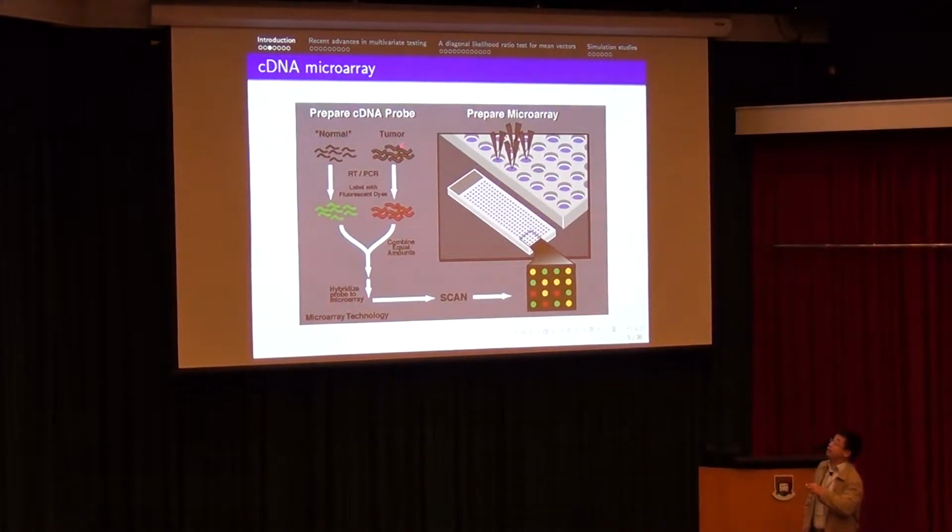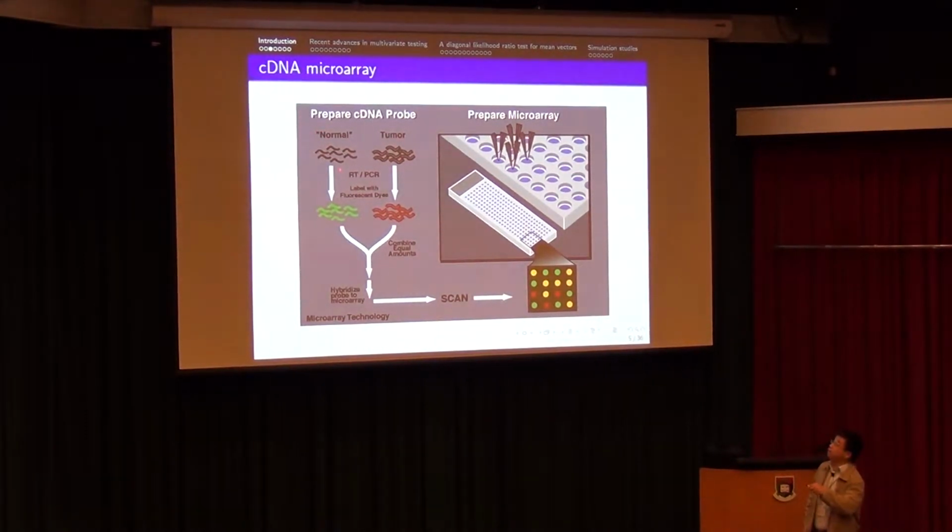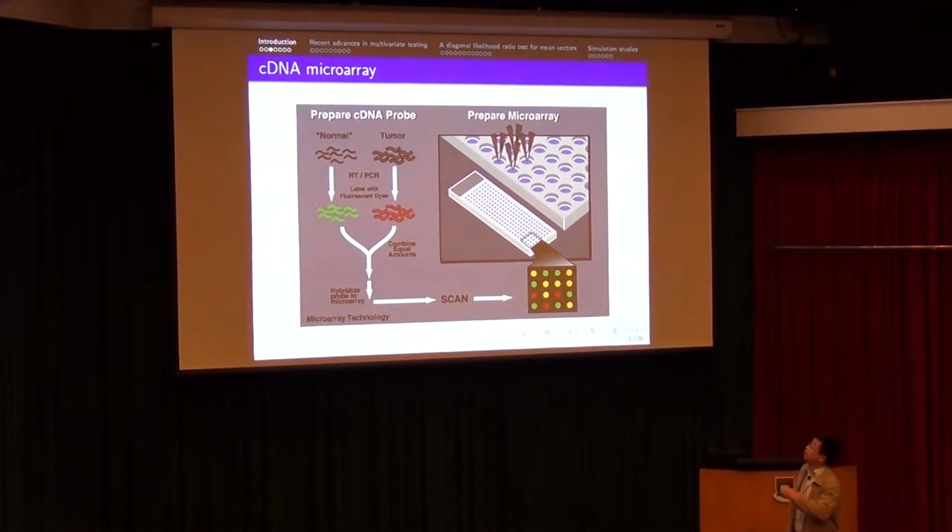As a comparison, we look for a group of normal people and the patients with tumor. Then we apply RT-PCR technology to enlarge the RNAs, and after we extract the RNA for the same number of copies, we label them with different dyes, say green and red.